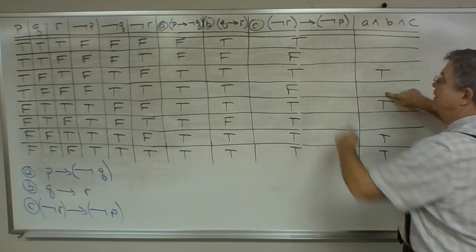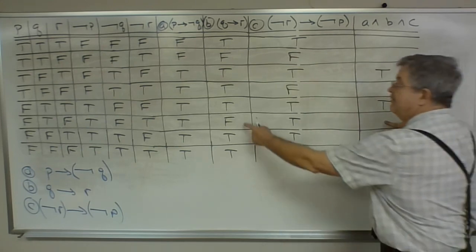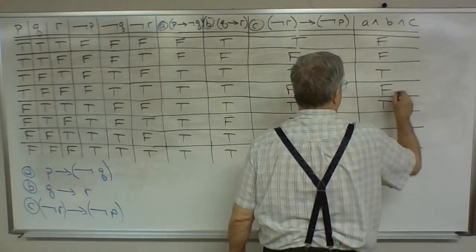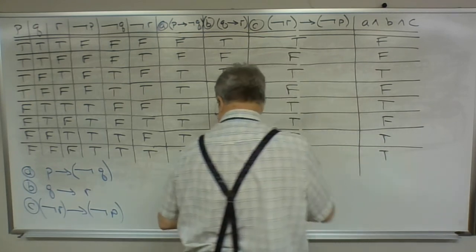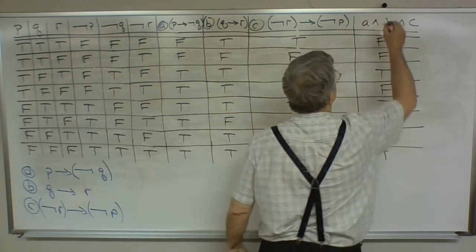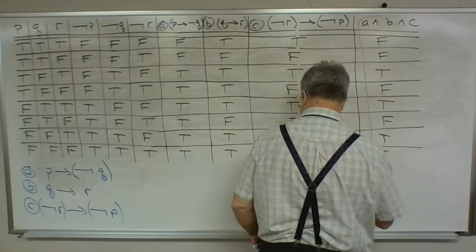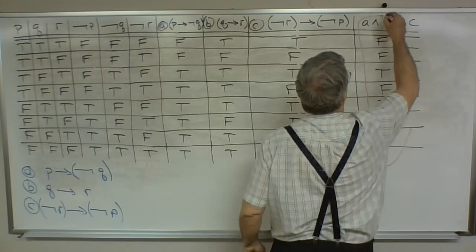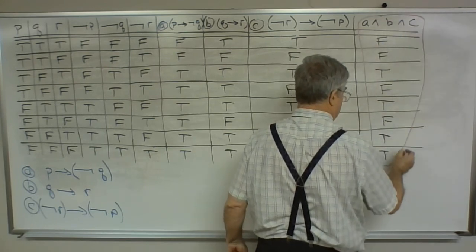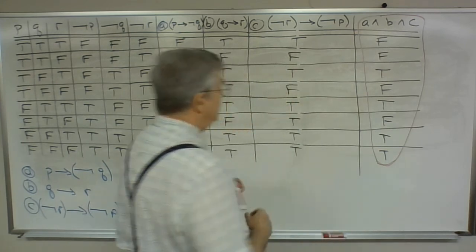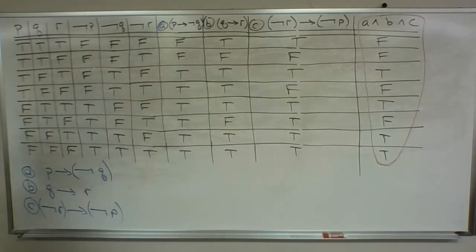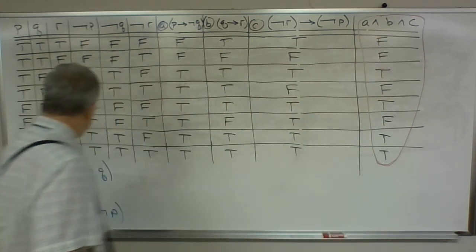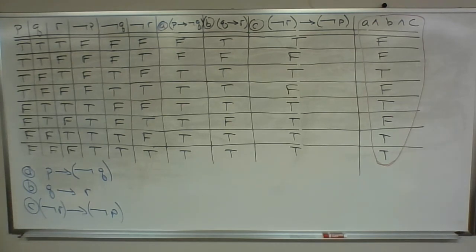Here, we have C false. Here, we have B false. So all of these are correctly false. These are the truth values for the conjunction of A, B, and C, our system specifications.